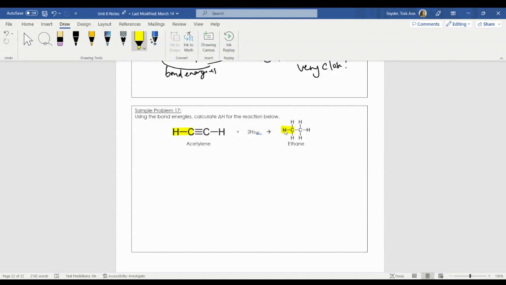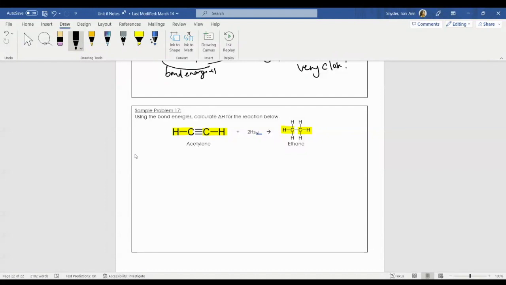So we don't have to worry about those when we're calculating our bond energies. And I also have a second pair, this one and this one. We don't have to worry about those two bonds in our calculations because they're going to cancel out in the end anyway. So if you can recognize that, that's going to make your life a little bit easier. That's a little less work you have to do.